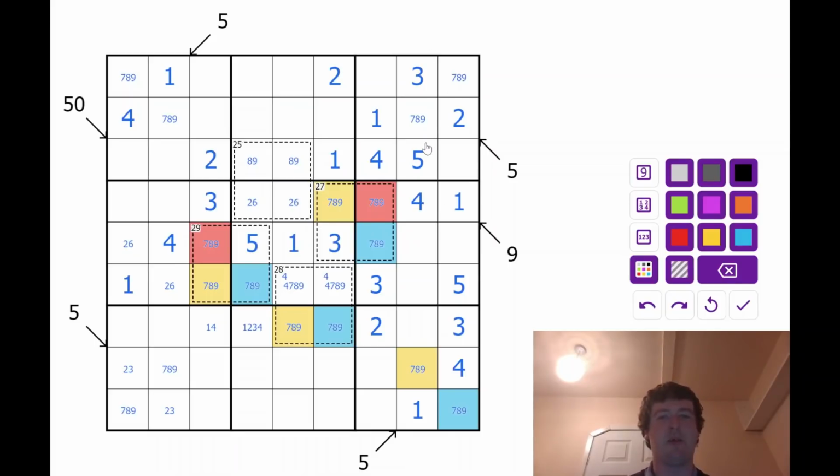We know its anti-clockwise neighbour is going to be a blue-red domino, and the blue here means that this one will be red. We know its clockwise neighbour will be a yellow-red domino, and the yellow square here means this one will be red. And so what we end up with is these red squares in opposite corner boxes, one of them on the outer rim of the puzzle, and one of them on the inside.